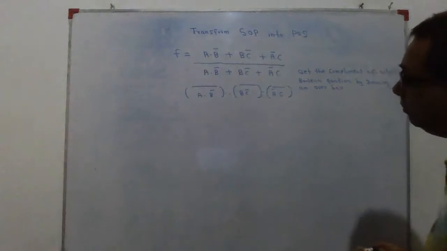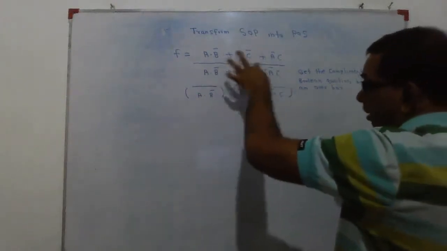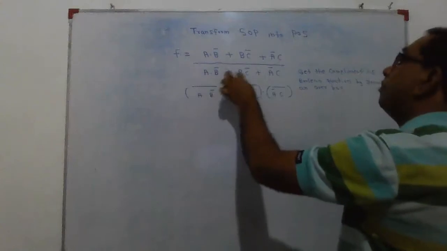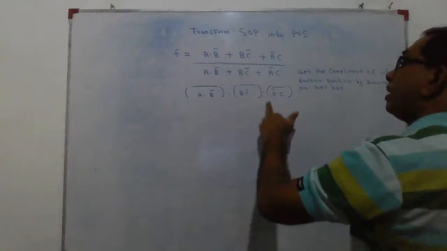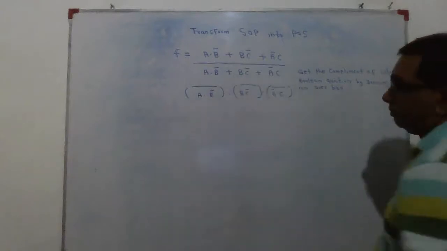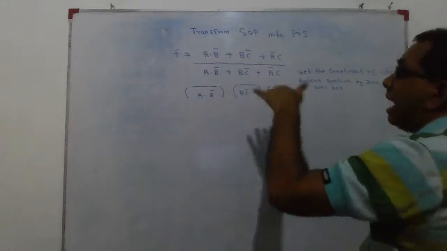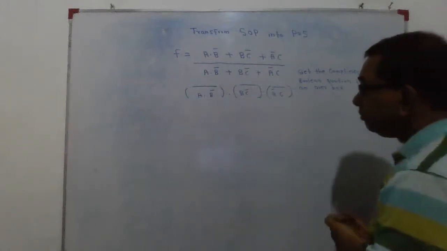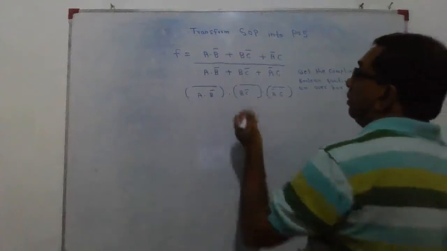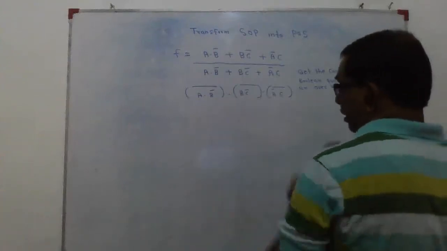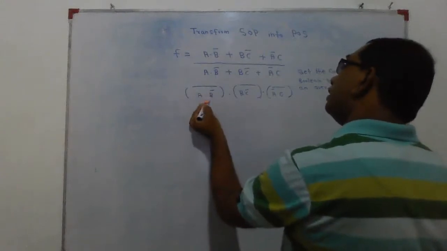So I broke the over bar at the main operators, changed the operator and then broke the line. Then after that we are left with 3 AND operators.